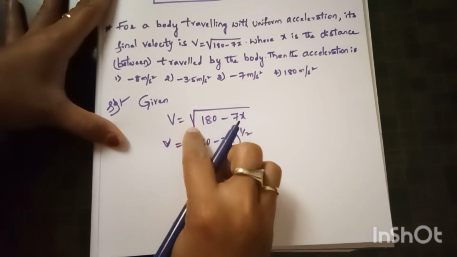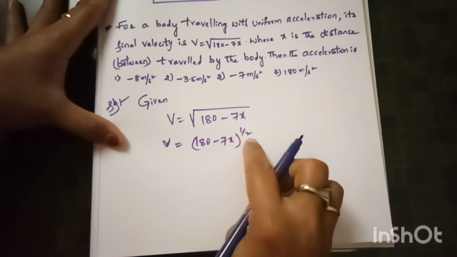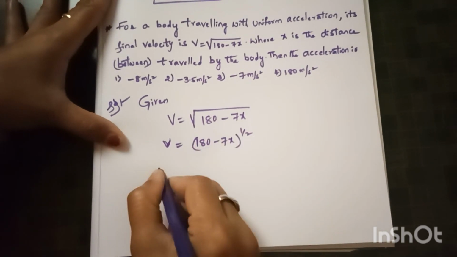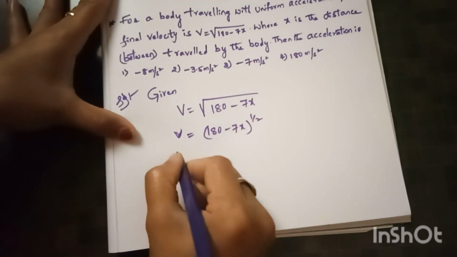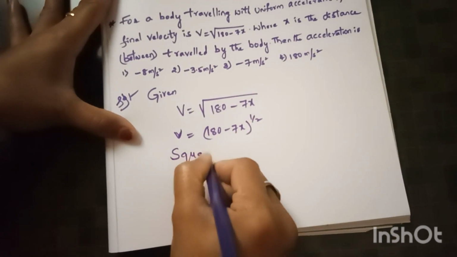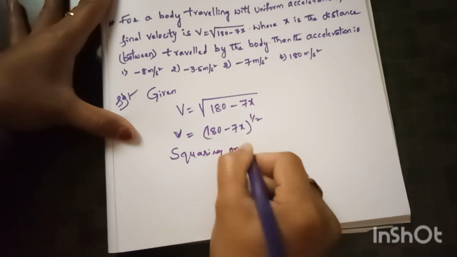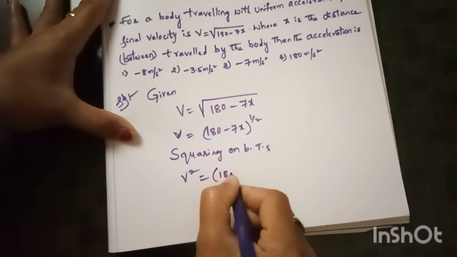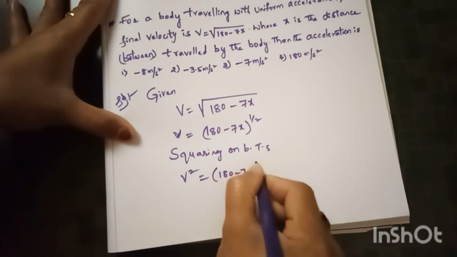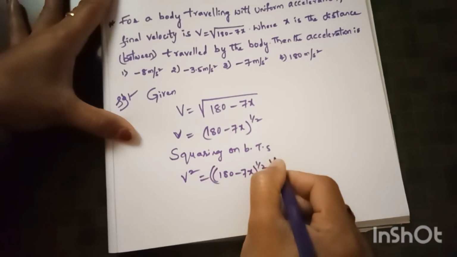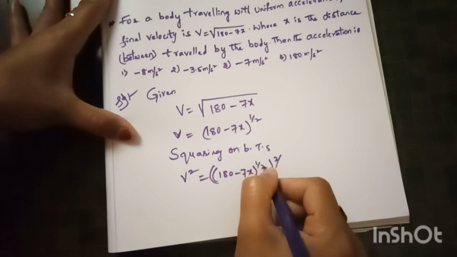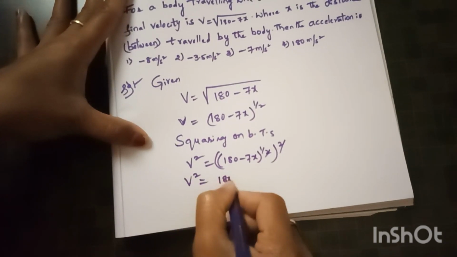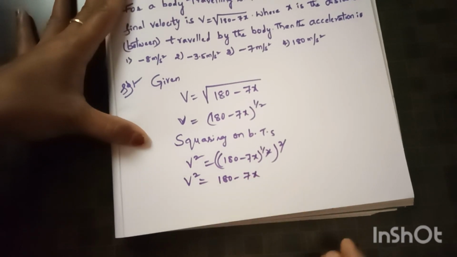Squaring on both sides, v square is equal to (180 minus 7x) power 1 by 2, whole square. The 1 by 2 and the square cancel. So v square equals 180 minus 7x.